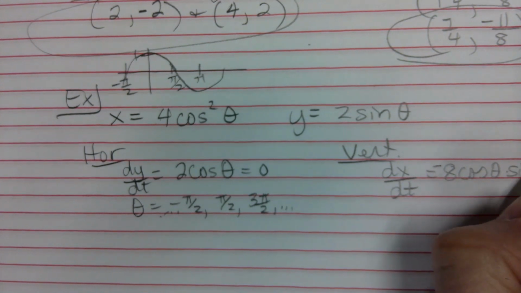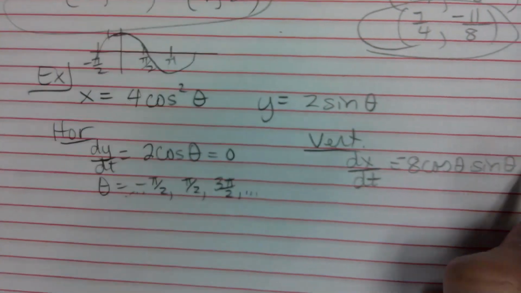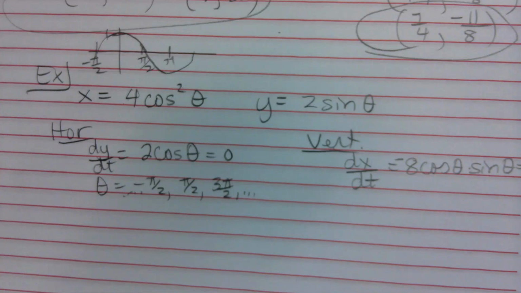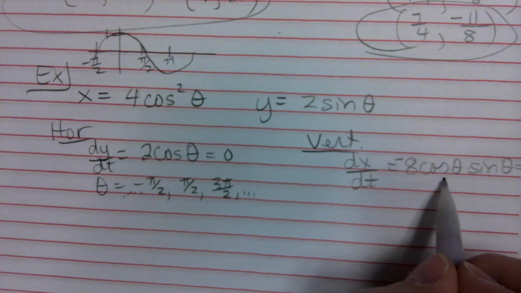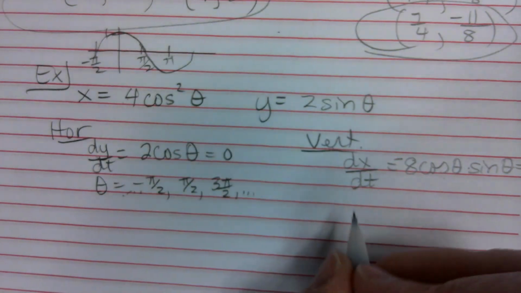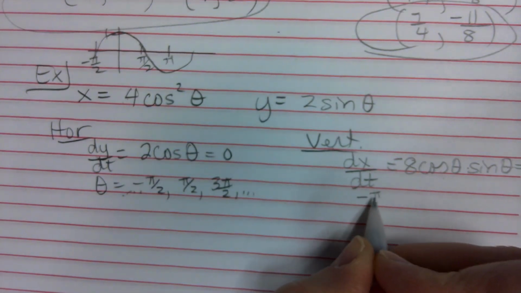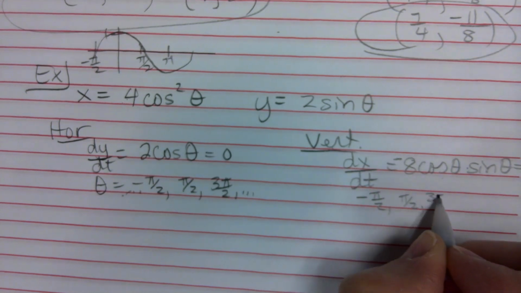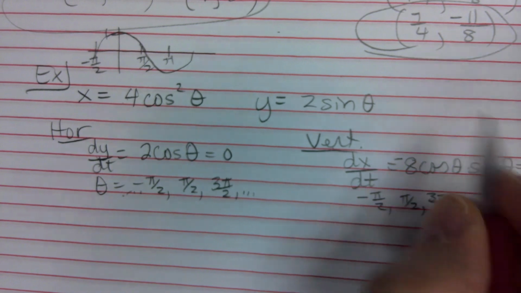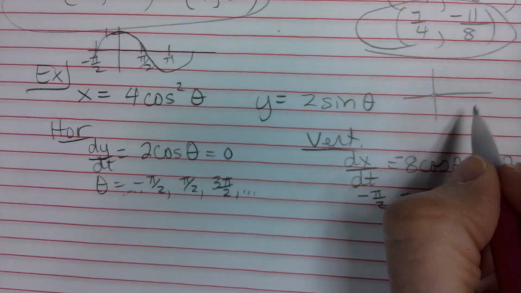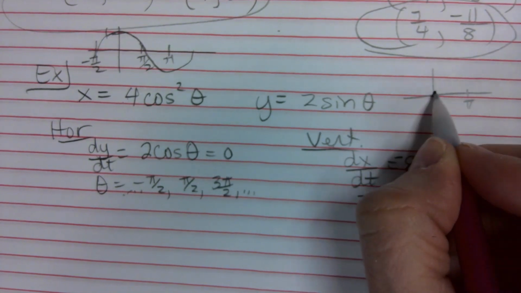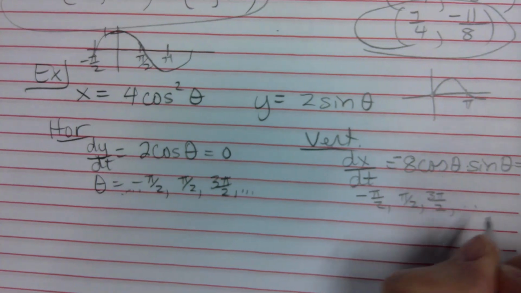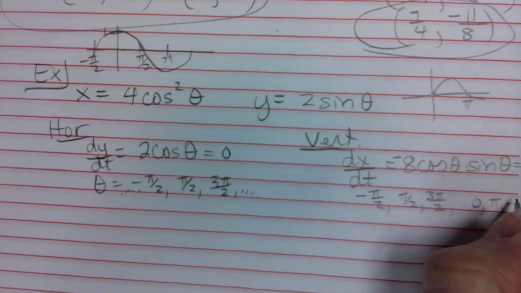Negative 8 cosine theta sine theta, and that equals 0. Uh-oh. At all the same places that this one equals 0, and all the other places where sine equals 0. What is that? 0, pi, negative pi.